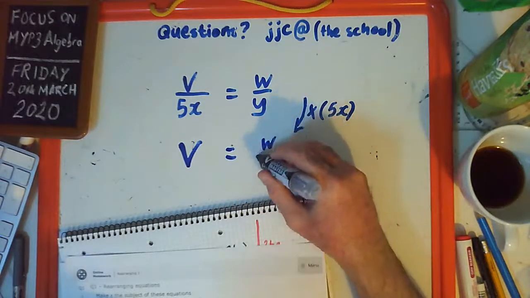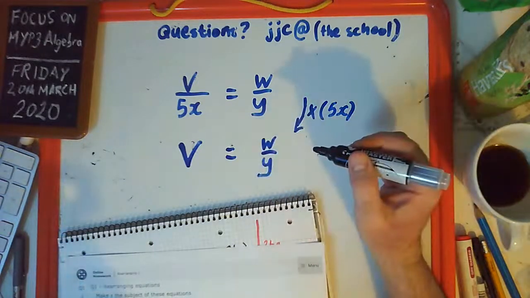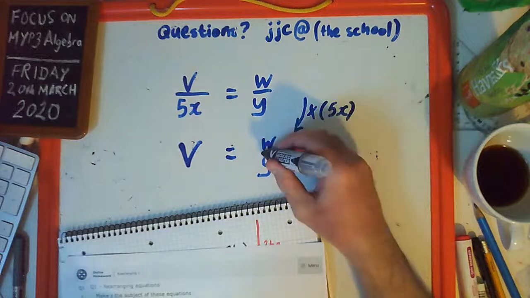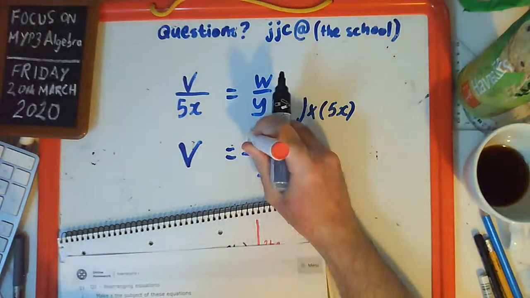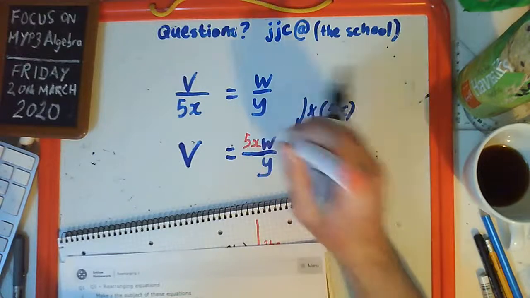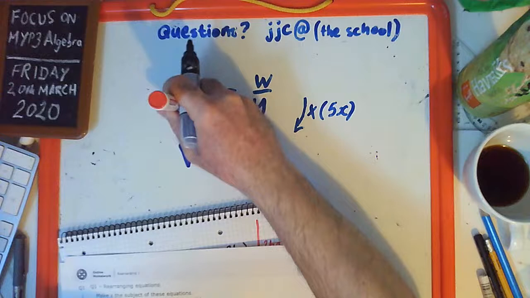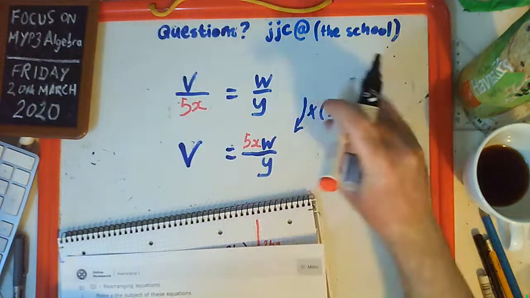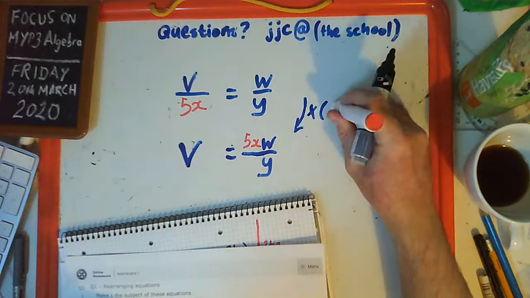So instead of w over y that was already there, I'm going to multiply that by 5x and get, let's go for a different color here, 5x w over y. You know what? I'm going to put all of my 5x's here in red just to try and make things a little bit clearer.